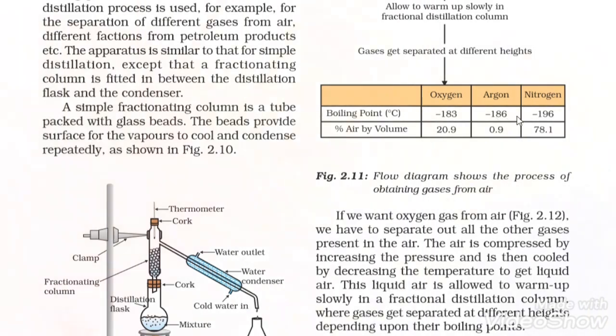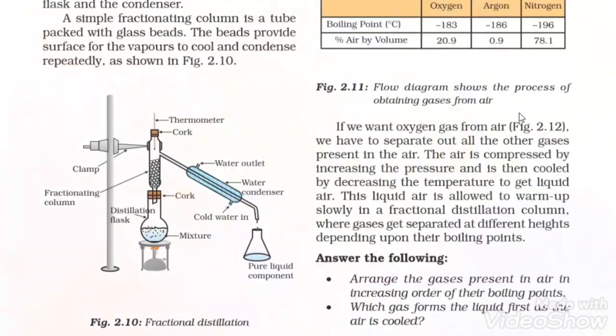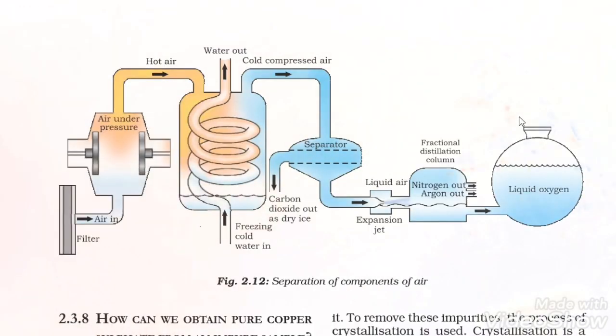Also you will see the difference is less than 25 degrees centigrade. We have discussed earlier that components which have very little difference in their boiling temperature can be separated only with the help of the fractional distillation process.